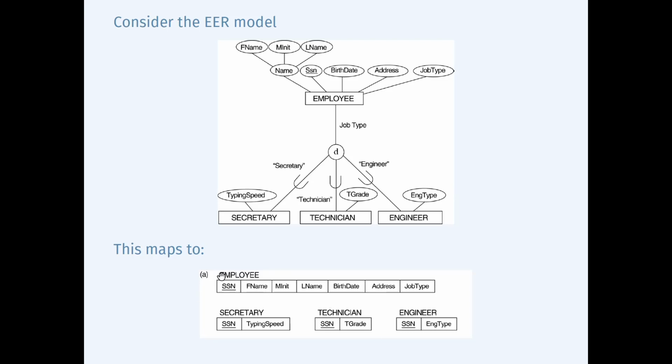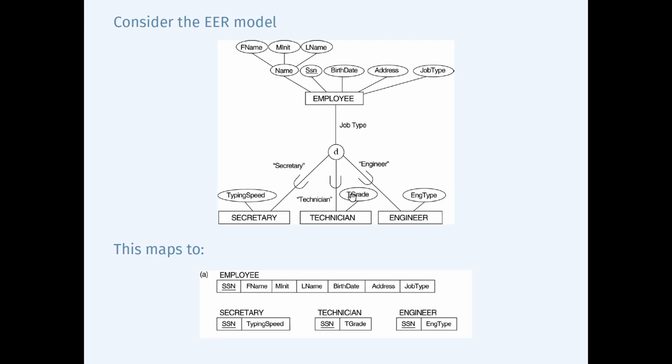One table has all the employee details, but to record the data depending on the job type, you can see here we have a job type which connects the other tables, which keep only information about their typing speed or the technician grade or the engineering type, depending on what the job type is. So that is one way to represent this.